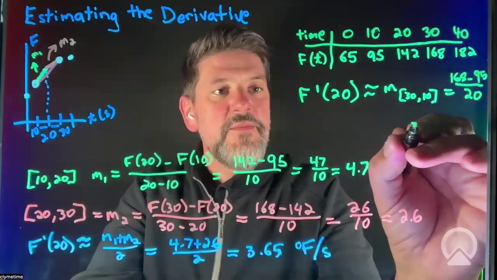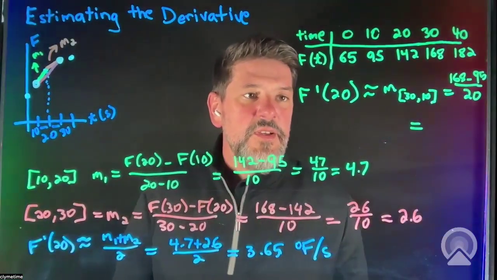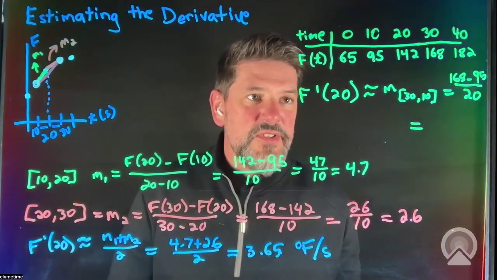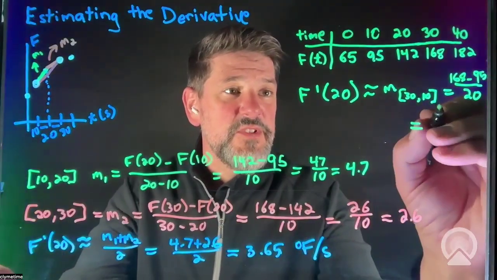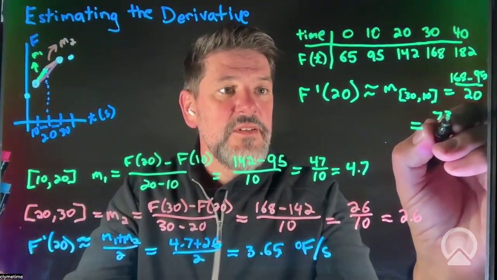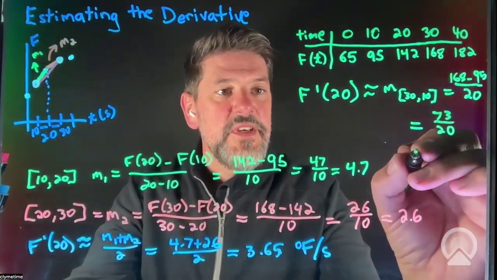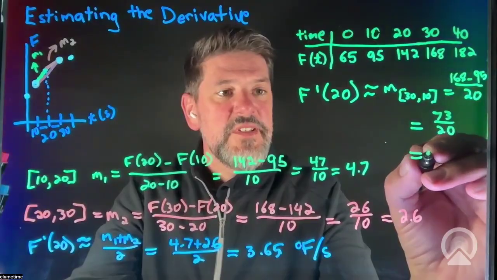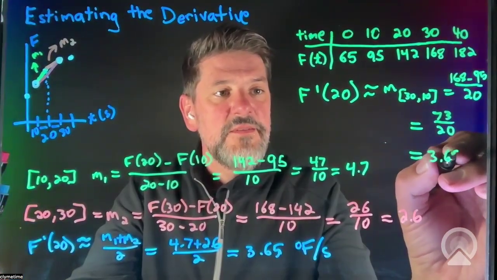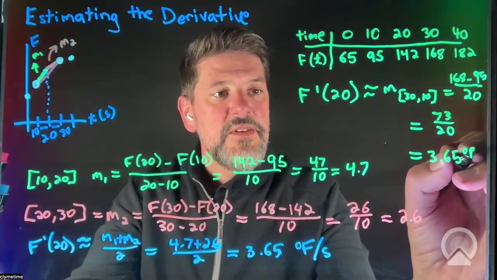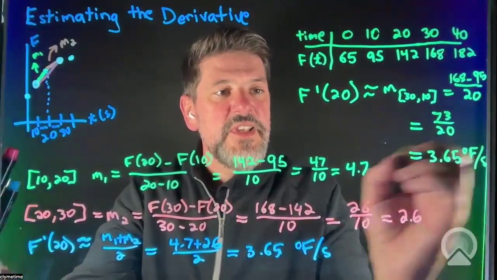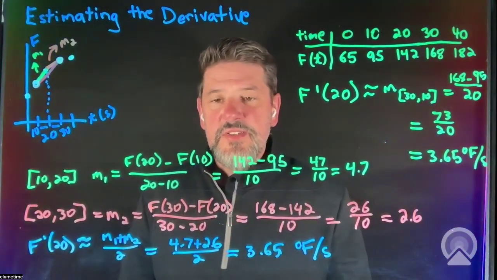So if we did that math, you get 168 minus 95, which is 73. And that comes out to be, once again, 3.65, the exact same answer. The unit is the same, degrees Fahrenheit per second. So two ways to do the same thing.